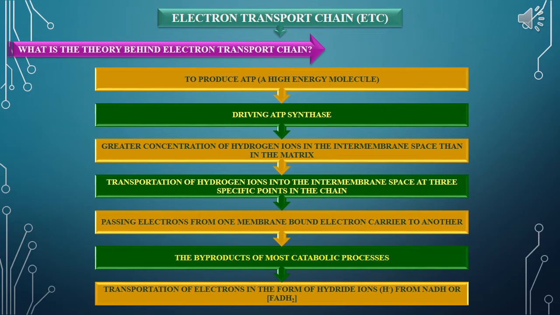And these hydride ions carry electrons from one carrier to another carrier. Thereby hydrogen ions are released from the electron transport chain, and that increases their concentration, which drives ATP synthesis for releasing ATP from the electron transport chain. This is the actual theory behind ETC.